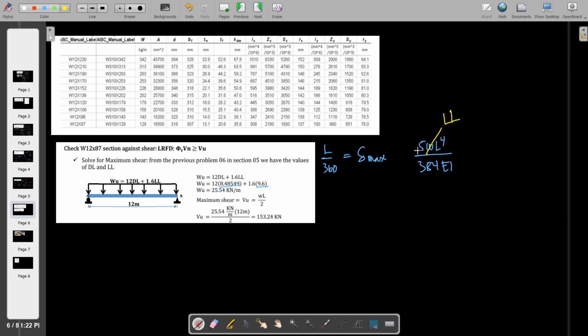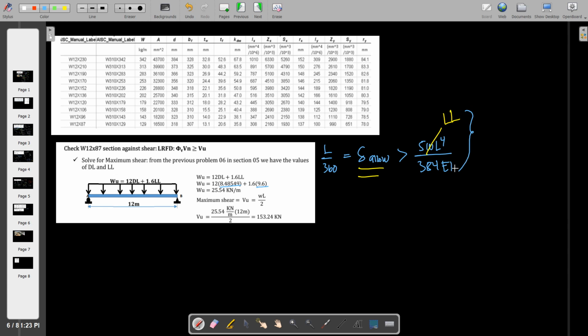Okay? So yung L dito, just the same, the meters, no, divided by 360. That is your maximum deformation. Now, dapat mas mataas lagi yung maximum, or the allowable, sorry. So this is actually the allowable deformation. So hindi pwede na mas mataas ito, this one.